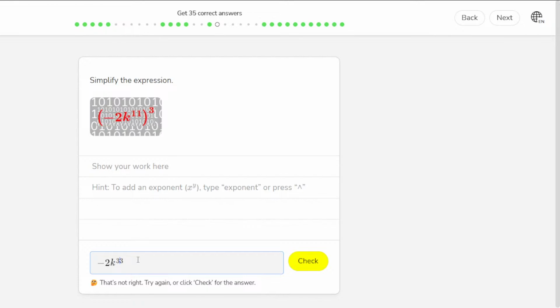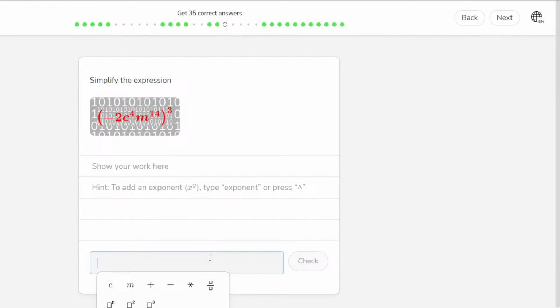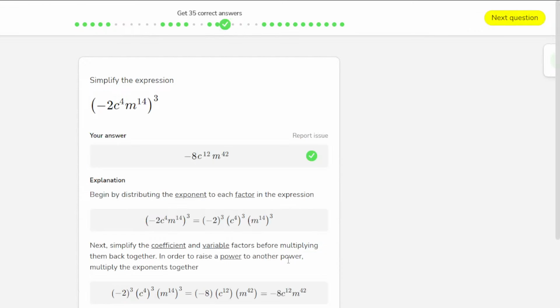Huh? Oh. Negative 8. Okay, so negative 8C to the 12th by M to the 42nd. Awesome.